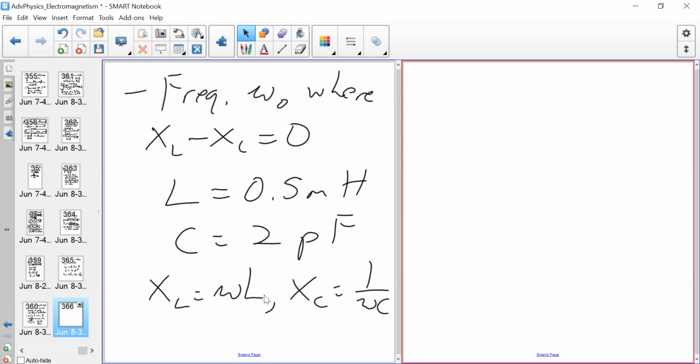So that's the power of resonance. So these two guys have to be equal. This must add up to 0. So omega naught would be the resonance frequency.